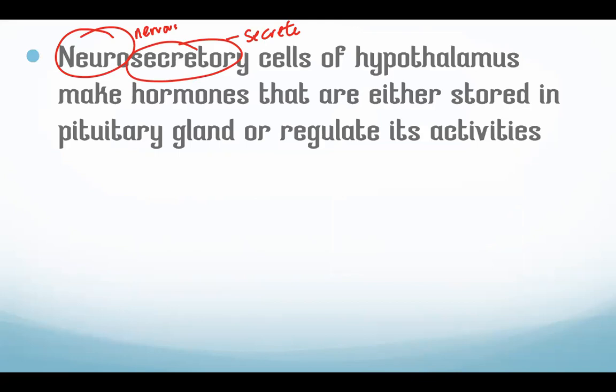Right, so it means to produce and discharge, so I'm correct. To make and release, that's what secrete means. So the neurosecretory cells of the hypothalamus make hormones that are either going to be stored in the pituitary gland, or they're going to regulate the activities of the pituitary.